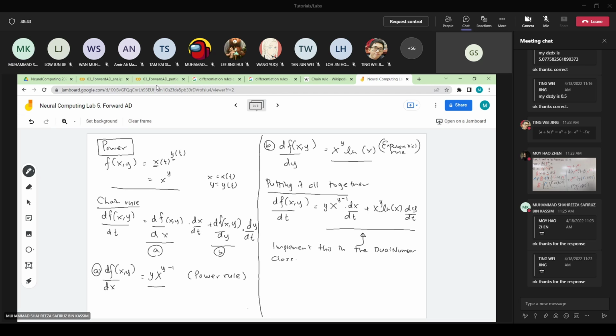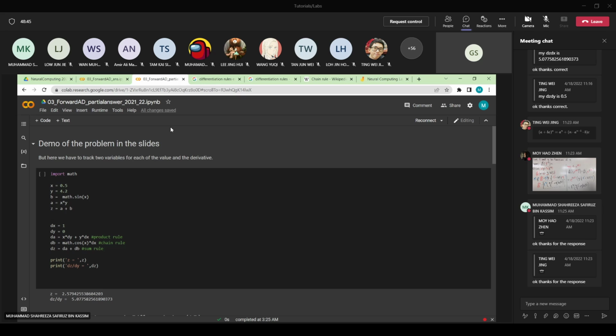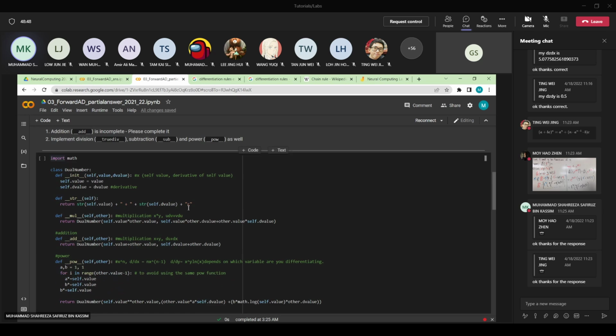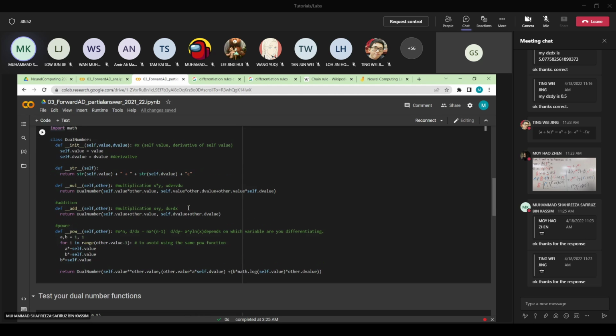Okay, I'll just share my version. This is not perfect. Here I have the power methods, and then what are the derivatives?